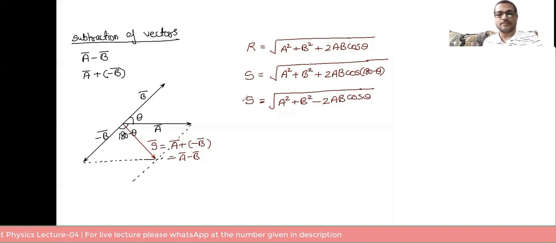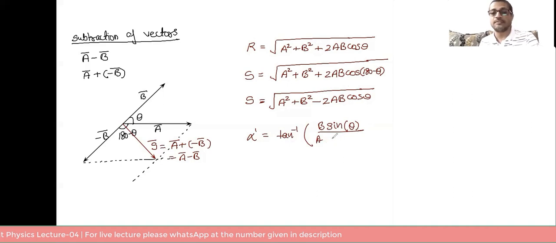This is the resultant of subtraction of two vectors. But this is not the complete story, because this gives only the magnitude. There is still a direction to be found out. Therefore, direction is given by alpha dash. Alpha dash is equal to tan inverse of B sine, again it should be 180 minus theta, but sine 180 minus theta is sine theta itself, divided by A plus B cos 180 minus theta, which is minus cos theta.